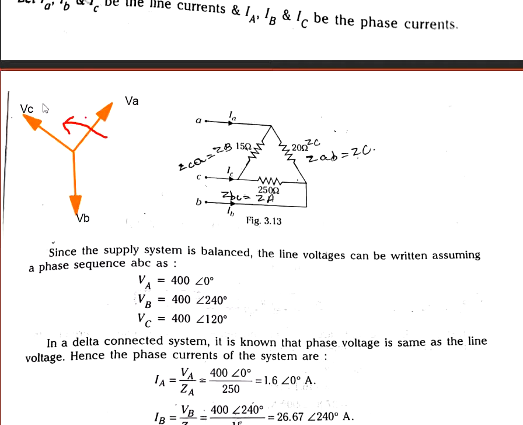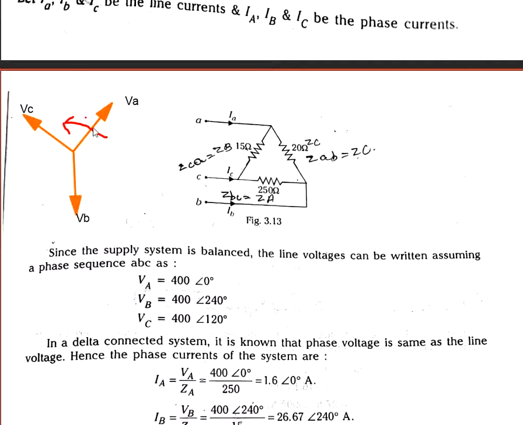Now, can you relate VA and VC? I want VC in terms of VA. See here, what is the angle between VA and VC? If it is rotating by 120 degrees, you multiply with a, and if it is rotating by 240 degrees, you multiply with a square.